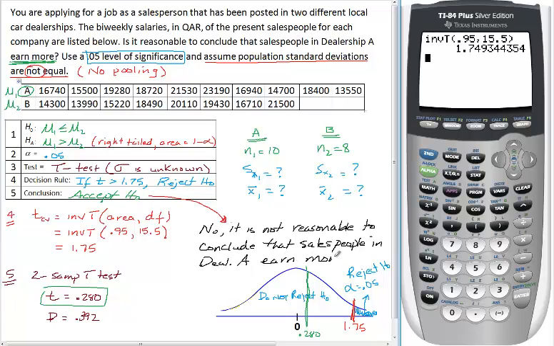Okay, so no. It is not reasonable. Alright, so there you have it. That's the solution to a 2-sample t-test given the raw data and not pooling the data.